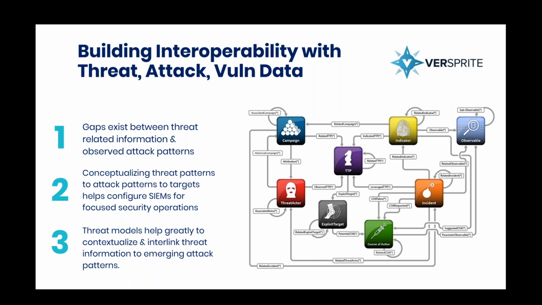Indicators of compromise within the framework of STIX has multiple different data elements that you can populate. Today in the industry, there are multiple different players that are sharing threat intel where they have this construct populated and they're sharing it.